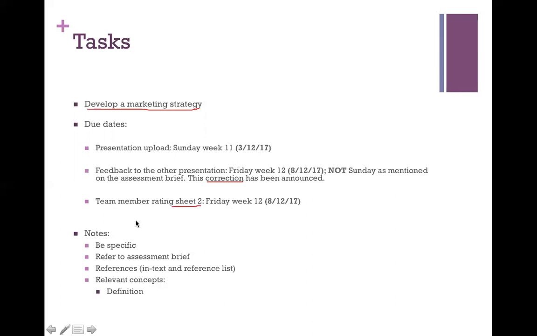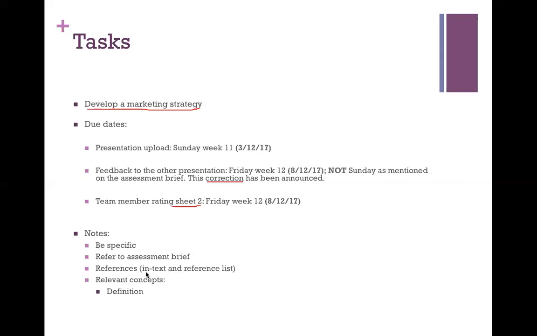The other notes: please be specific in your analysis. Explain specific examples if you need to. If you talk about the target market, be specific about the target market. Refer to the assessment brief for details, because this presentation is meant to highlight the key points that we need to deliver.